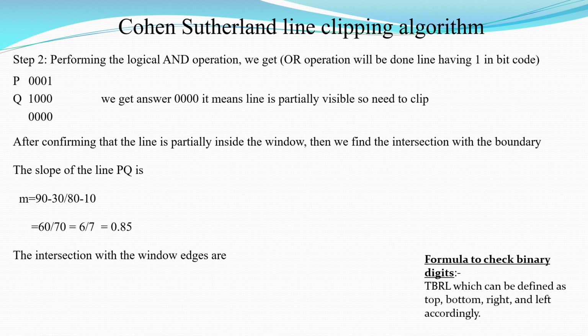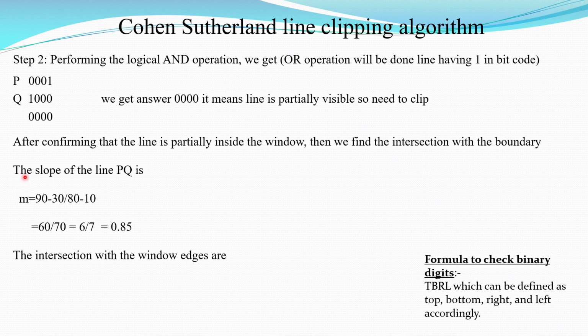After confirming that the line is partially inside the window, we find the intersection with the boundary, with the help of the window boundary. Taking both point P and Q region values, after performing the AND operation we get 0000, so the line is partially visible.